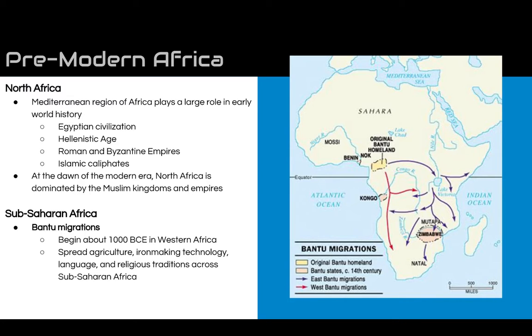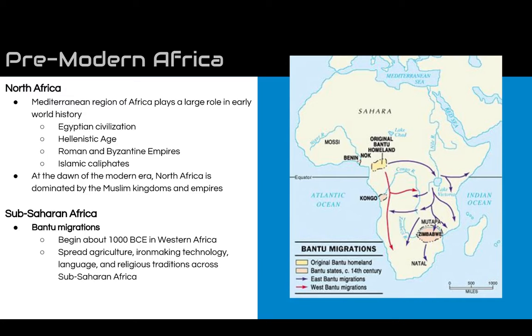So the Bantu migrations themselves, again, refer to a lot of different migrations. But in doing so, these Bantu people spread a lot of important things throughout Africa. One, they spread agriculture. Two, they spread iron making, which was a very advanced technology. They also spread their language and religious traditions across sub-Saharan Africa.